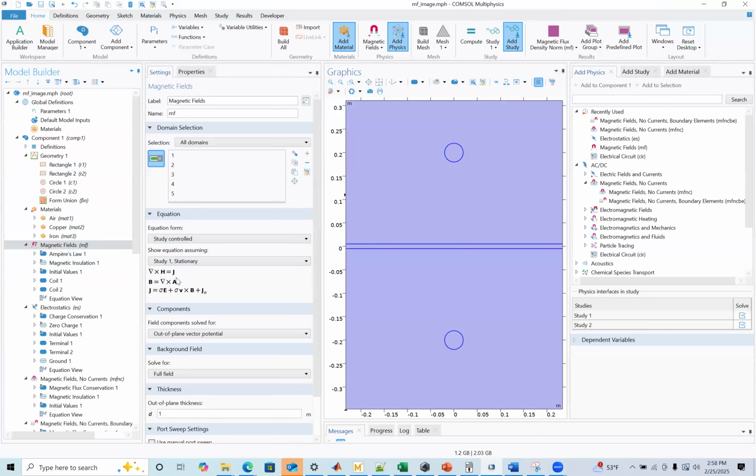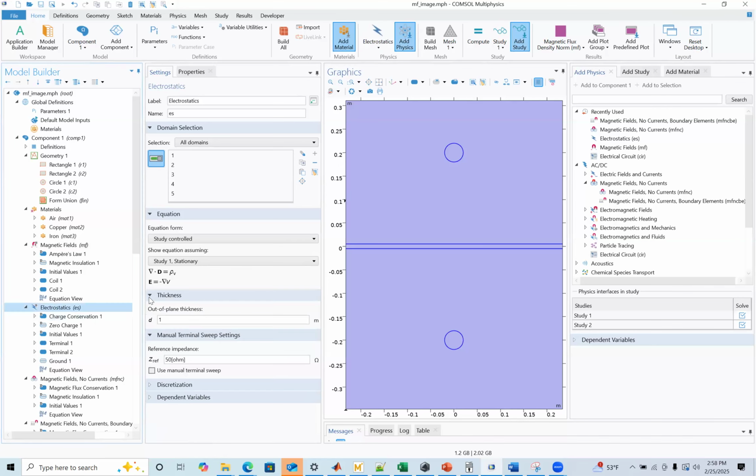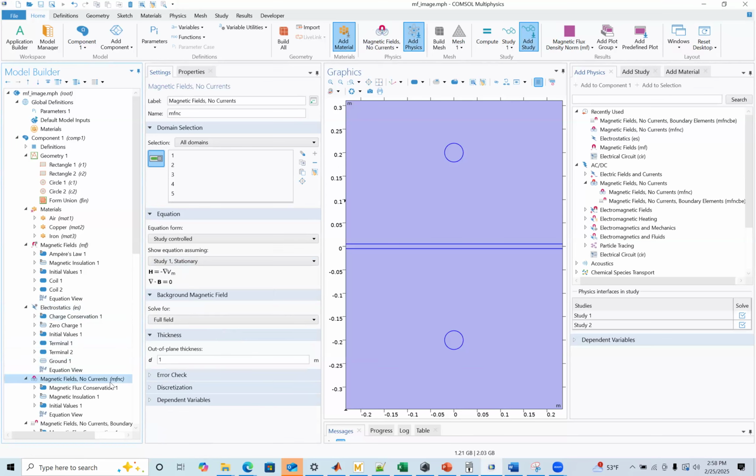And here there is a different equation: J is equal to conductivity times E plus conductivity times V times B plus J. And in electrostatics, these are the equations, like Gauss's law, E is equal to minus del V, and Poisson's equation. And then in magnetic fields, no current, that's the equation, and the magnetic scalar potential which we discussed in the last meeting: H is equal to minus del Vm.